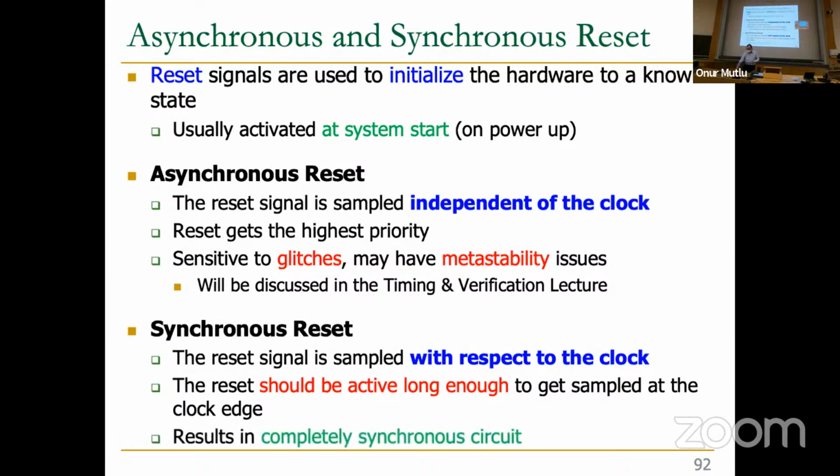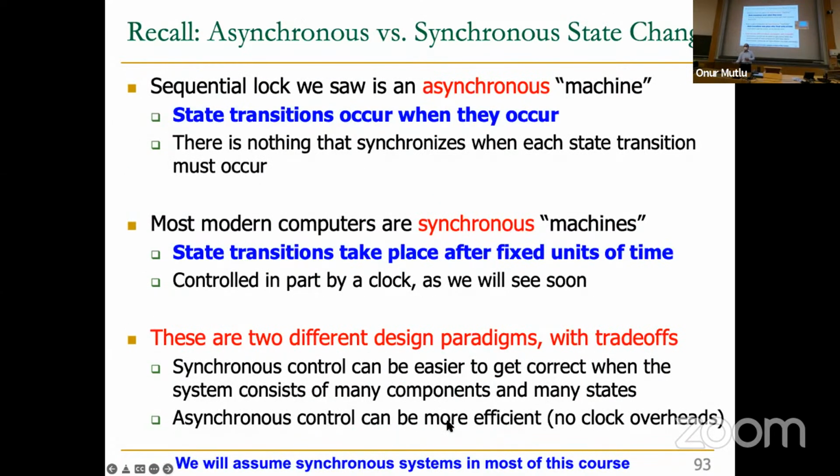Okay, so if you actually have synchronous reset, this results in a completely synchronous circuit. So this is just to jog your memory. We talked about this actually in the last lecture, asynchronous versus synchronous state changes. What we have described is one example of it. So remember, in an asynchronous machine, state transitions occur when they occur. It's a generalization of the asynchronous reset in a sense. But most computers are synchronous machines.